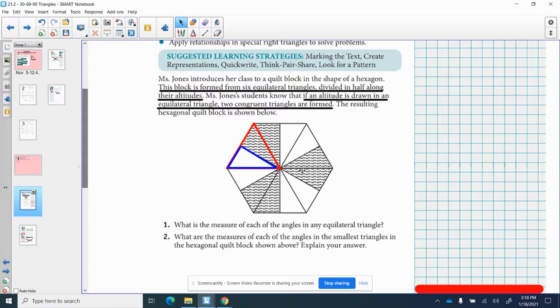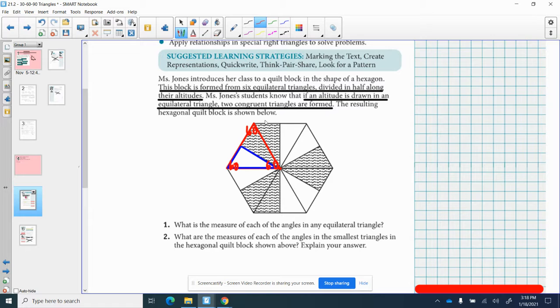So this time on our pattern of our quilt, we see a hexagon divided into 6 equilateral triangles. And we know in an equilateral triangle, all 3 angles are going to be 60 degrees due to this triangle having to have 3 congruent angles.